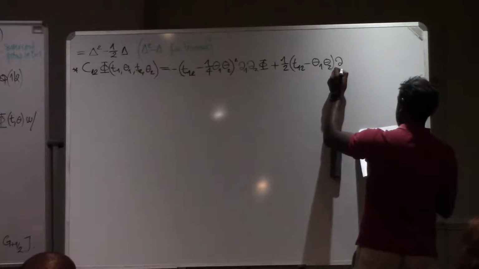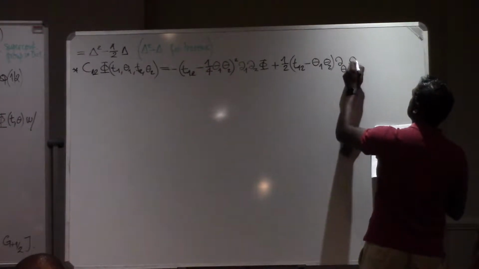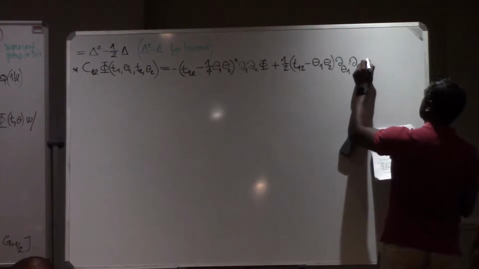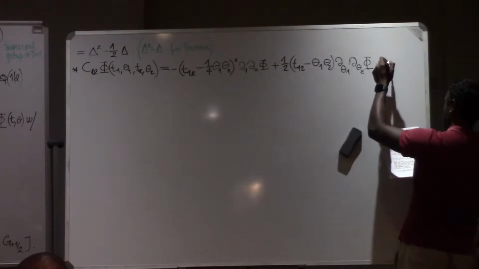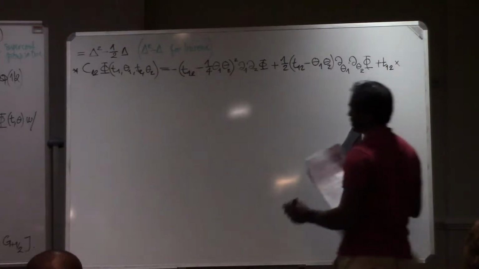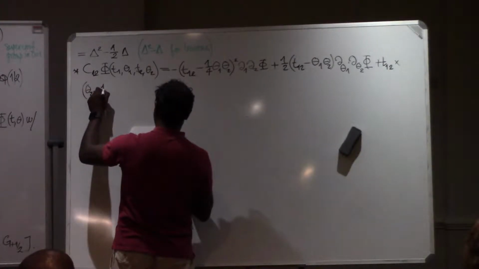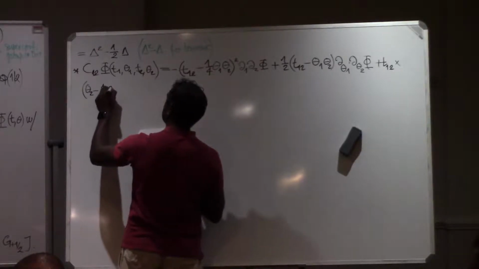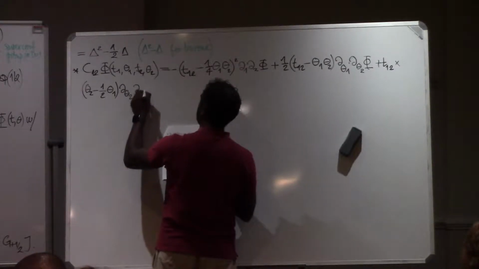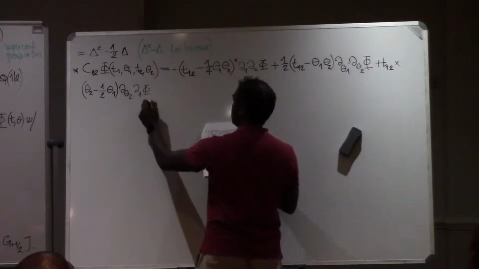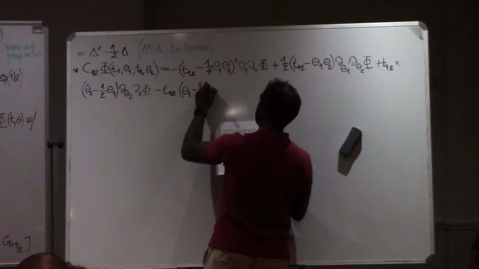So that's d theta 1 d theta 2 phi plus T12 times theta 2 minus half theta 1 d theta 2 d1 phi, and then finally minus T12 theta 1 minus half theta 2.